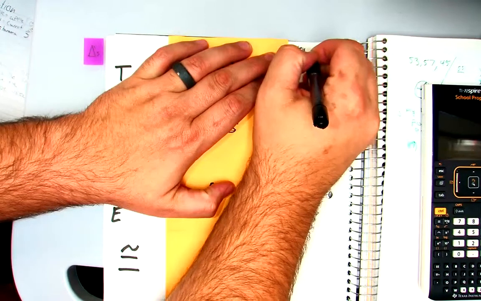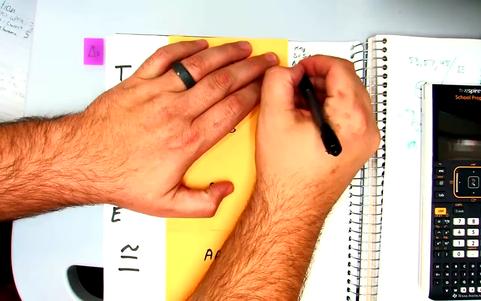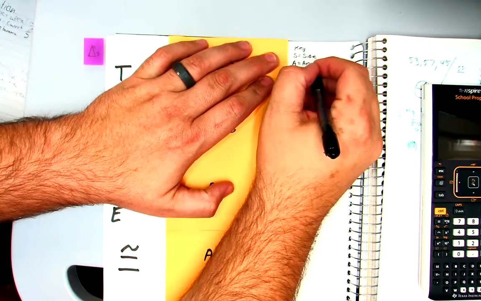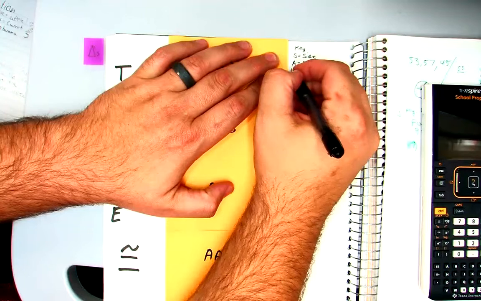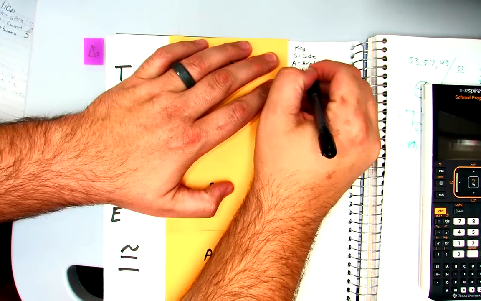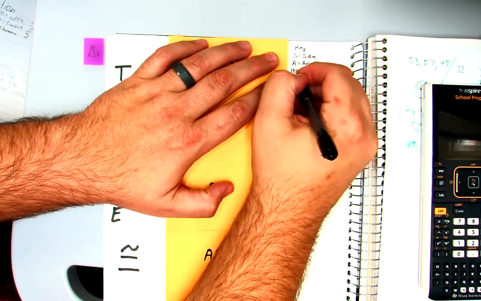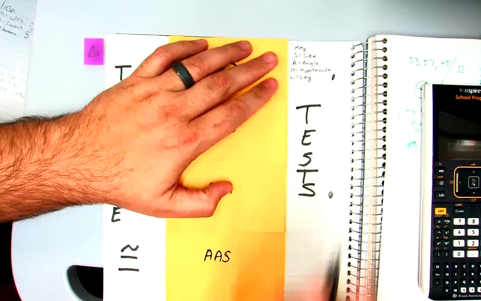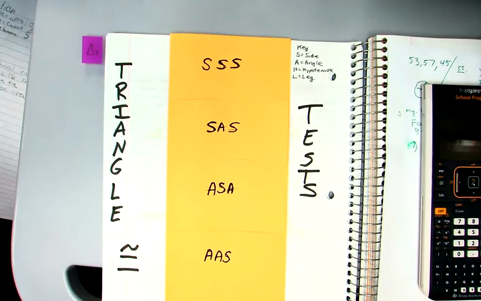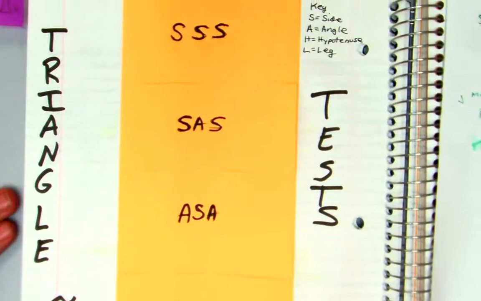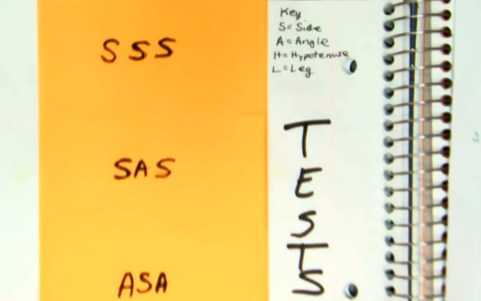S is equal to side. A is equal to angle. H is equal to hypotenuse. And L is equal to leg. So if I zoom this in a little bit, and we're going to focus on these different ones, hopefully this won't mess up anything.